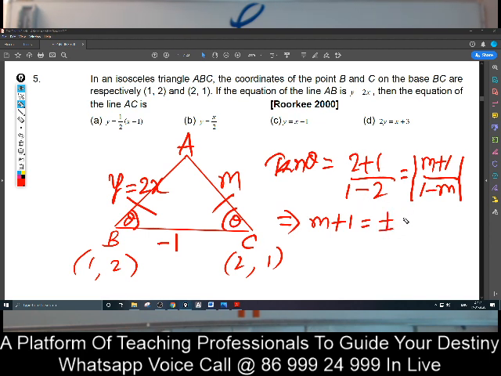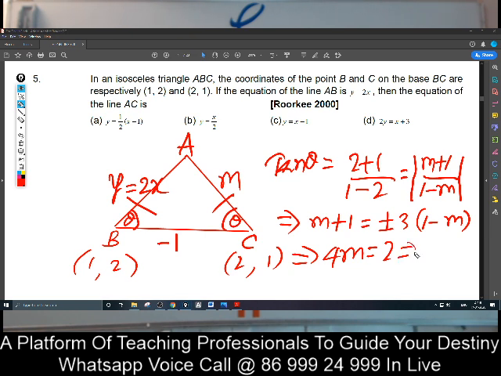I am removing modulus. 3 into 1 minus m. Now take plus minus 3m, bring it to other side, 4m. And it is plus 3 minus 1, 2. So m is equal to 1 by 2.